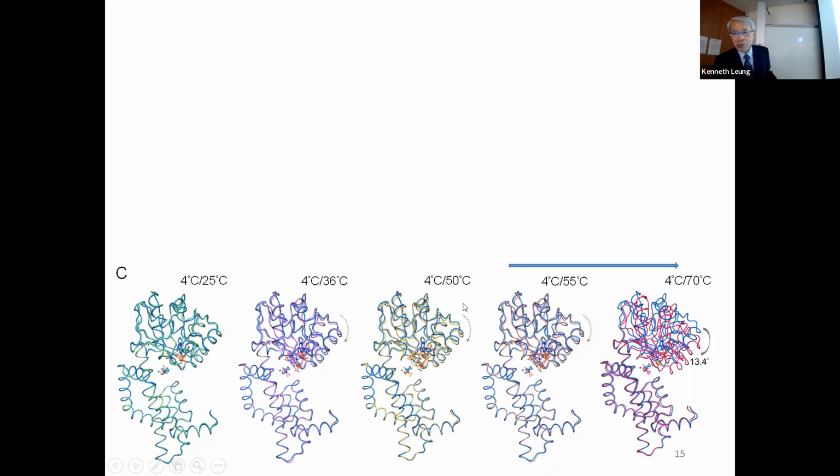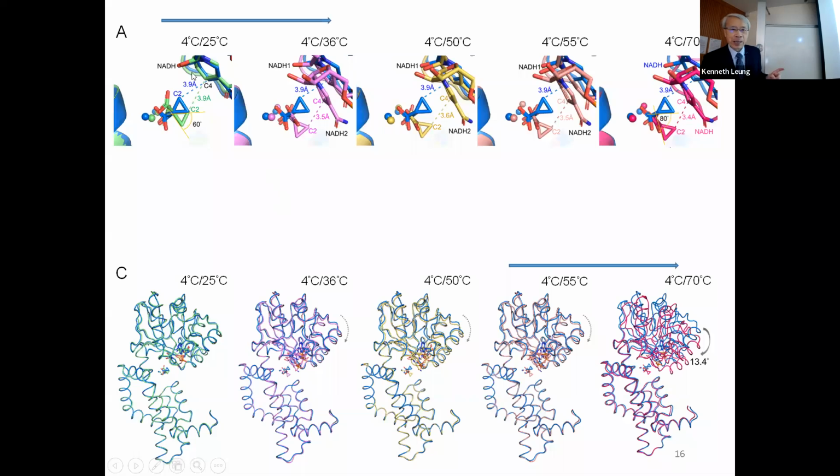And you can see there is almost no change up to 50 degrees, but the conformational change started to occur at 55, and then it became more prominent at 70 degrees here. Okay, look at the blue color and the red color here. So the conformational change occurs at almost close to the highest temperature, 70 degrees.